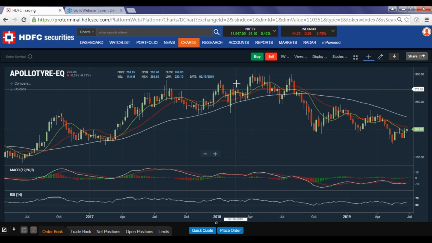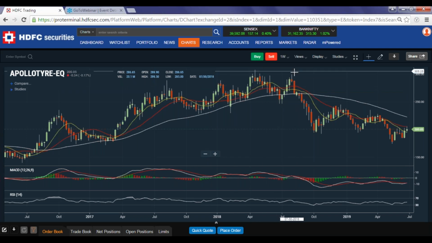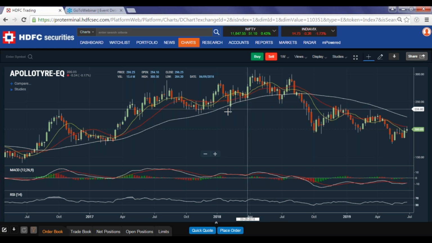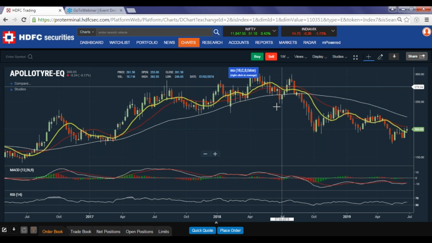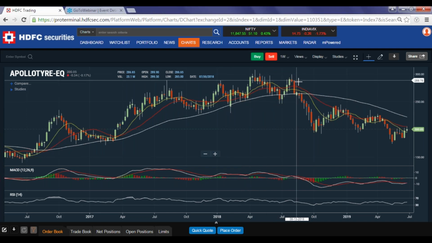So here, here, and here, two shoulders and the head, and the neckline is perfectly the same. 246, 247, here is where your neckline is. It breaks. So there are two patterns combined and colliding together over here. It's not just double top, it's also head and shoulder that you can see.